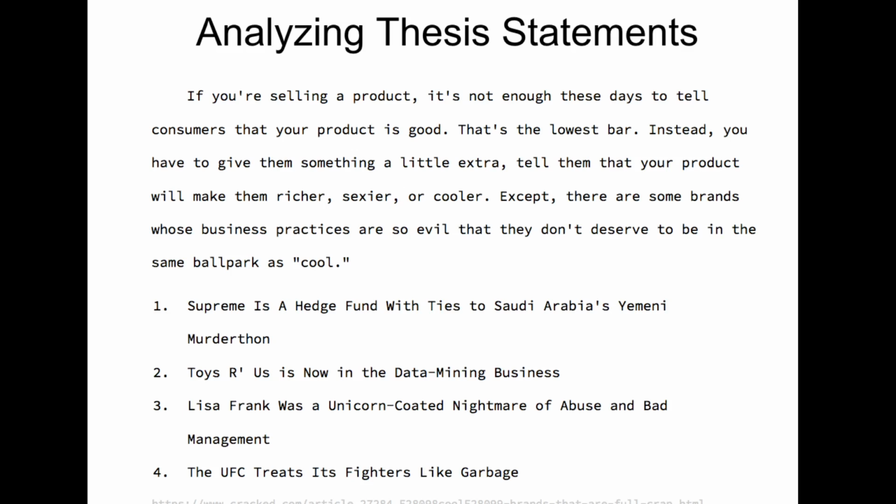So one helpful way to think about a thesis statement is that, imagine you had to tell somebody the whole of your essay in one sentence. Yeah, if you had to summarize the whole of your essay in one sentence, what would you say to that person?